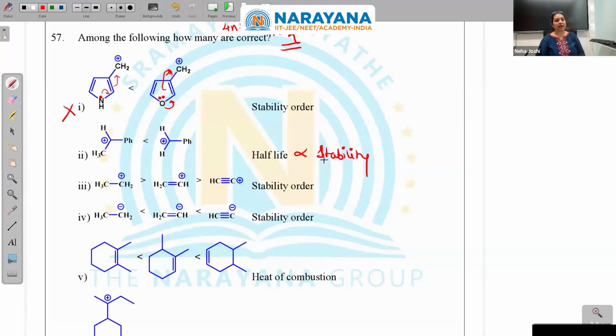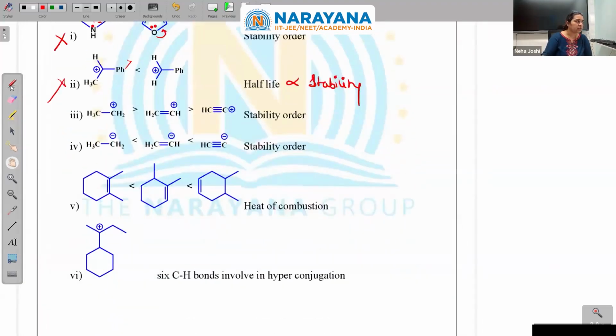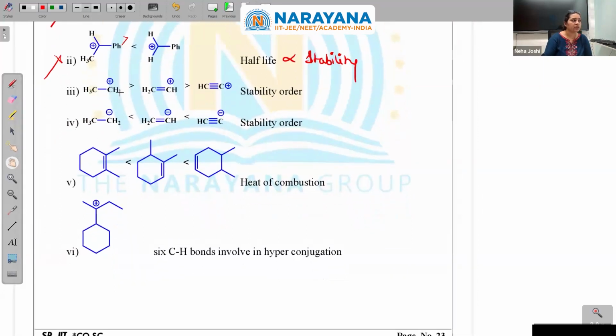More stable ions will have higher half-life. So this is more stable. This should not be the answer. Okay. Coming here, carbocation stability, yes, percentage s is less, carbocation is more stable. Carbanion, percentage s is more, more stable.